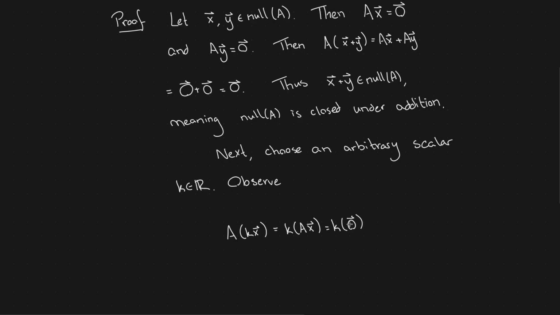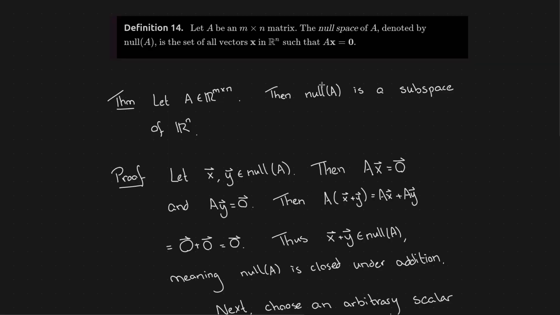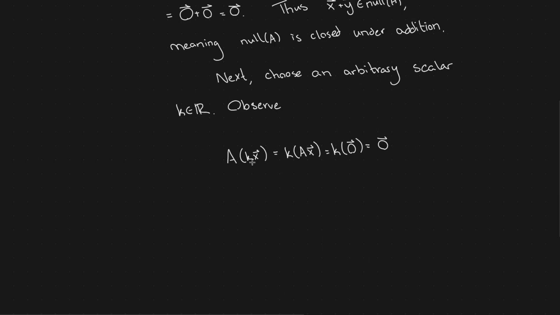And then if I scalar multiply the 0 vector, I still get the 0 vector. Which means that kx is also in the null space of A, because to be in the null space of A just means if you take A and multiply it by something in its null space, you get 0. And since when I multiply A by kx, I get 0, that means kx is in the null space.